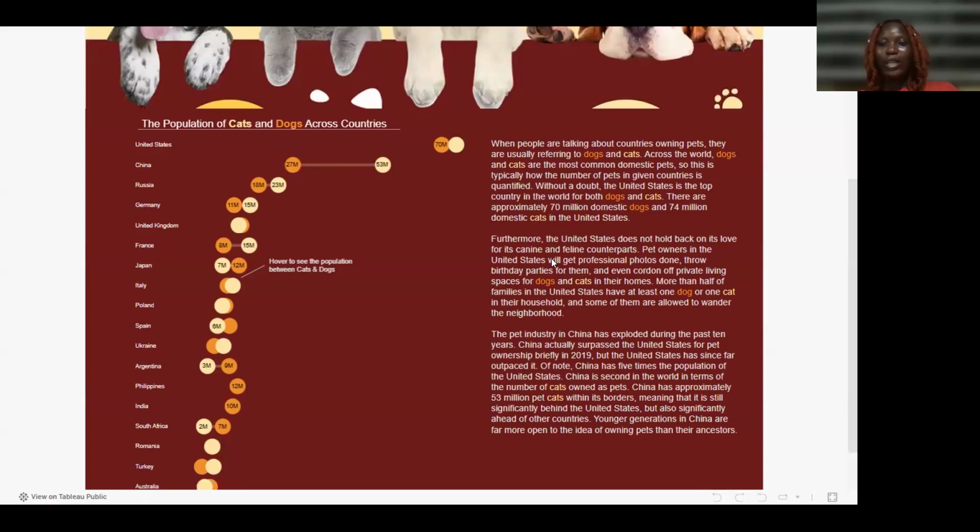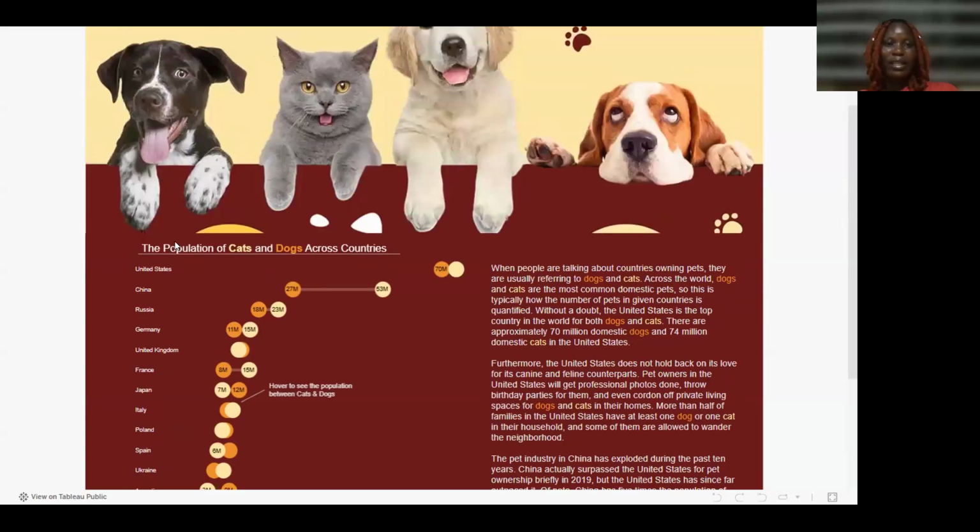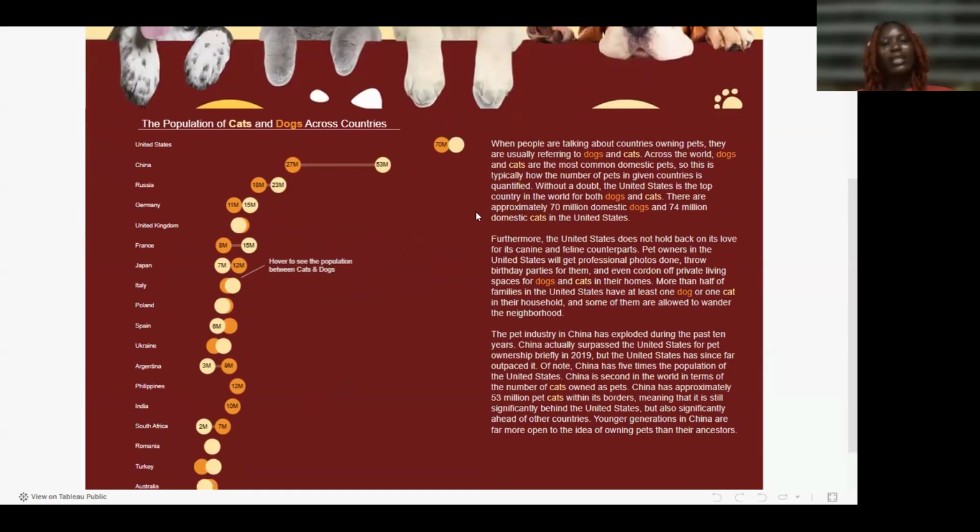I think there are about the top 20 populations of cats and dogs, with the United States, and I arranged them in descending order, from highest down to lowest. The United States had the highest population of people who own pet cats and dogs, with cats leading with about 74 million and dogs with about 70 million.